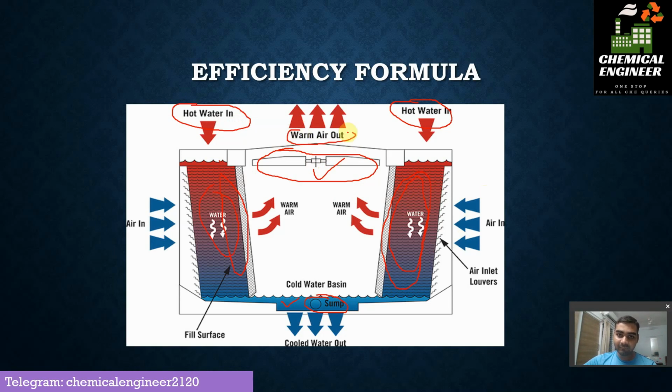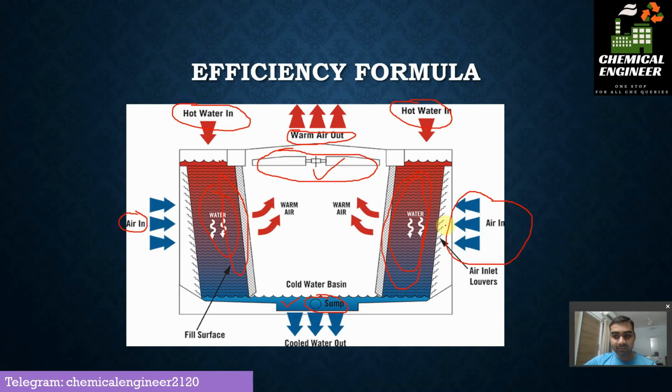So from here warm air will be going out, and from here cold air will go in, so they will do heat transfer. In the calculation of the effectiveness formula we require the temperature of the air.